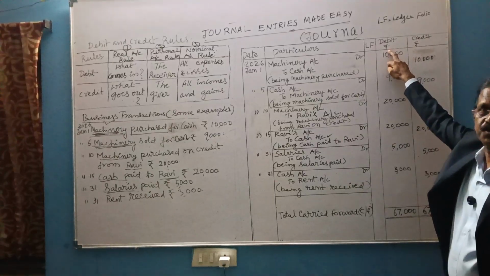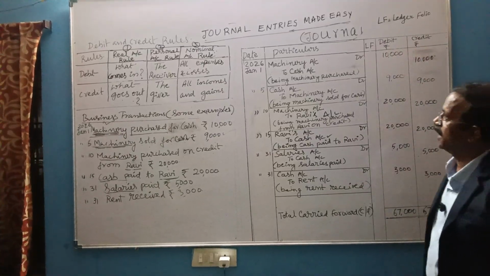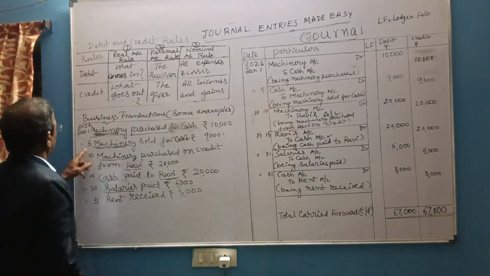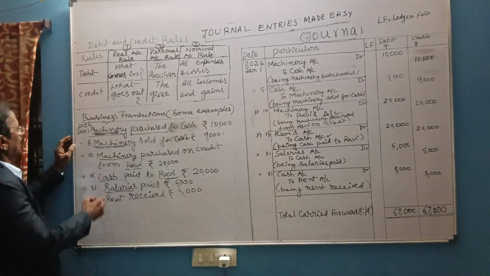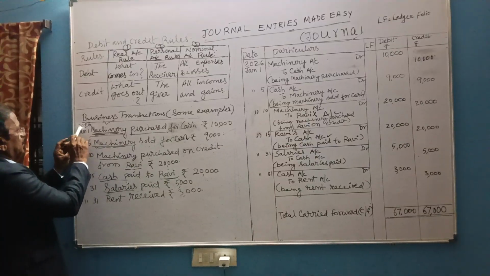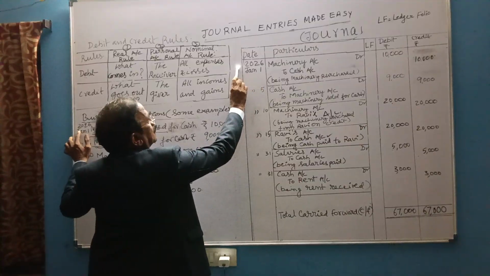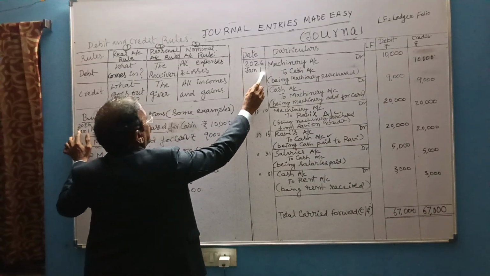Here you have to write rupees. After that, read the transaction. First you take the date, 2026, January 1st.